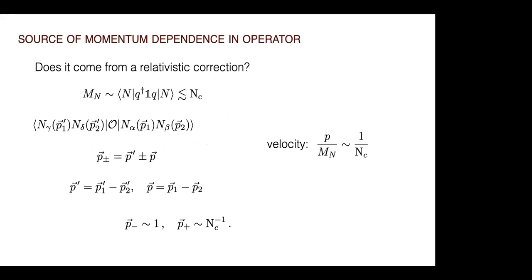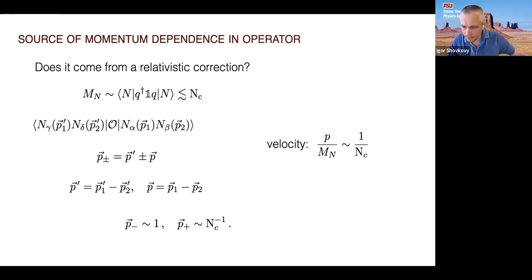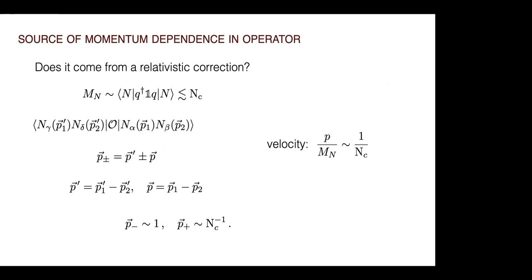When it comes to the momentum dependence, the way to think about this is to try to figure out whether the velocities that come about when taking these matrix elements come about because they're just a canonical momentum exchange, or whether they're actually the result of a relativistic correction.